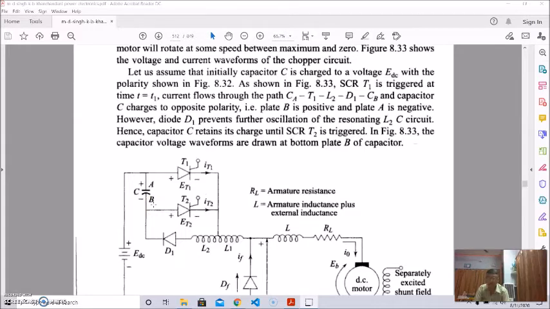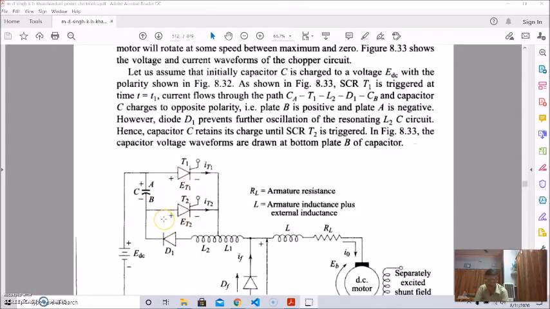However, diode D1 prevents further oscillations of the resonating L2C circuit. Hence, capacitor C retains its charge until SCR T2 is triggered.